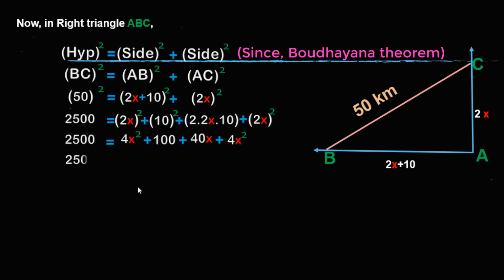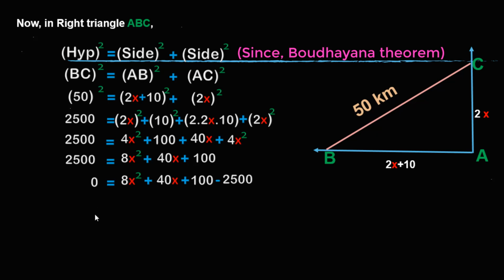By adding them we get 8x square plus 40x, and next we write the constant term, that is 100. Now transpose 2500 to the right hand side. By transposing this, on the left hand side we have 0, which equals 8x square plus 40x plus 100, and this 2500 will become minus 2500.